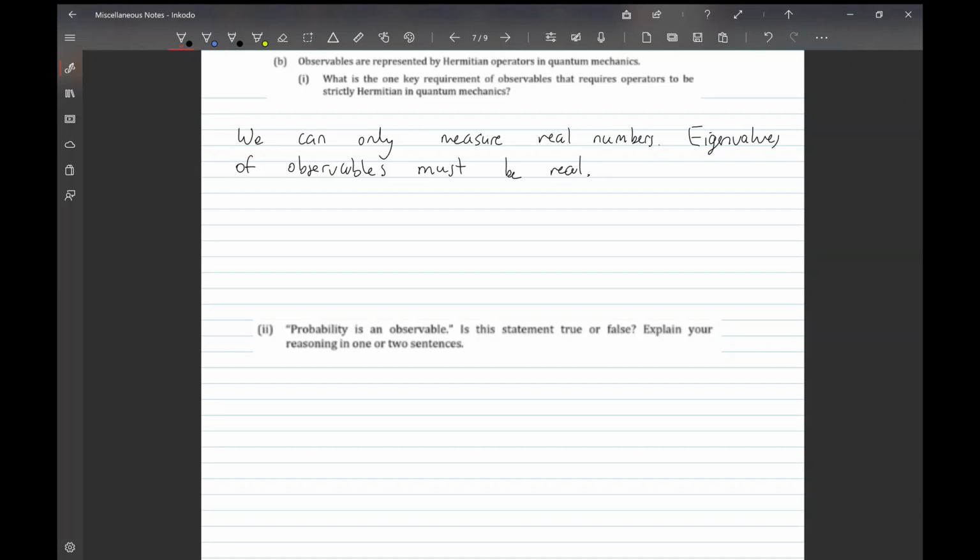It's because we are guaranteed real eigenvalues. Okay? Hermitian operators guarantee real eigenvalues.